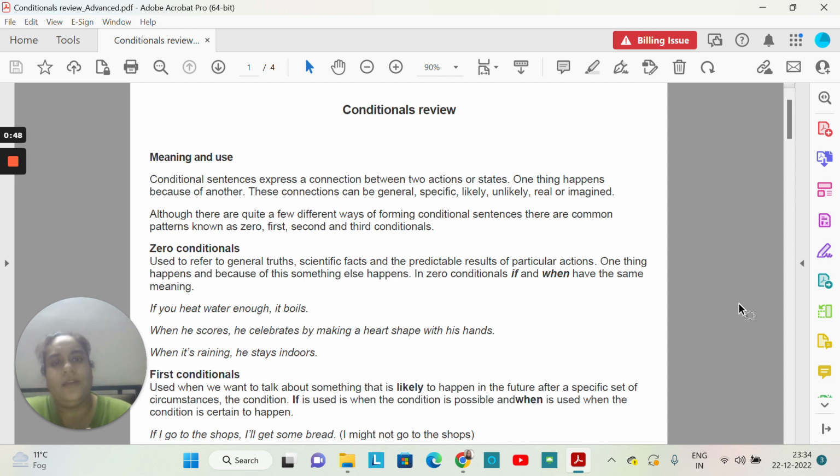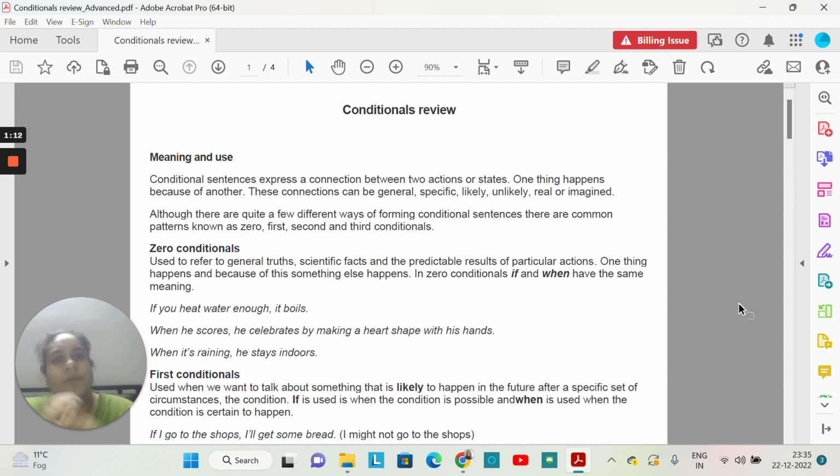When the sentence starts with an if, it states one action, and the rest of the sentence tells you the outcome or the result of the first statement that started with if. That's all. This is all that conditionals are.